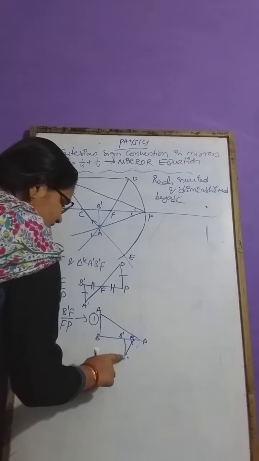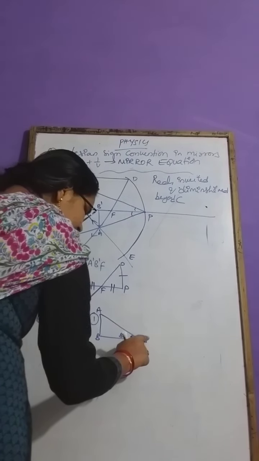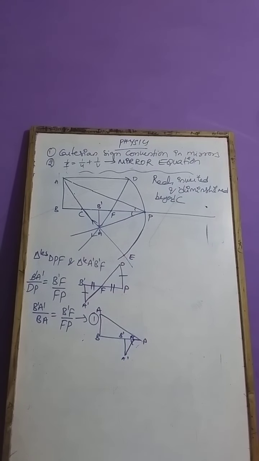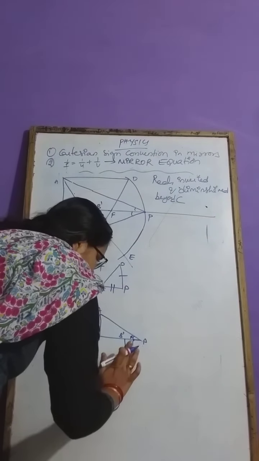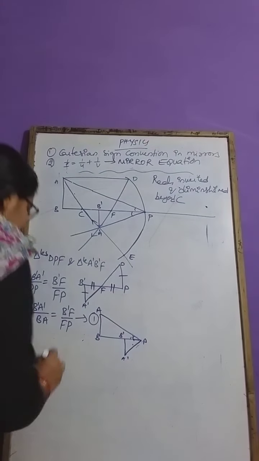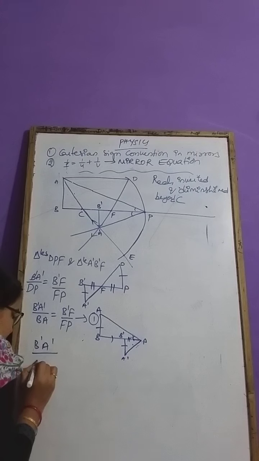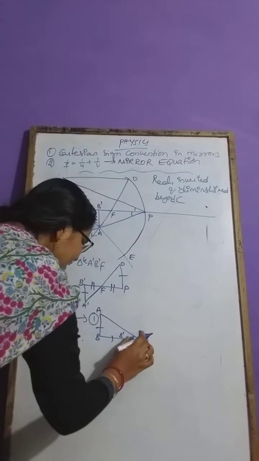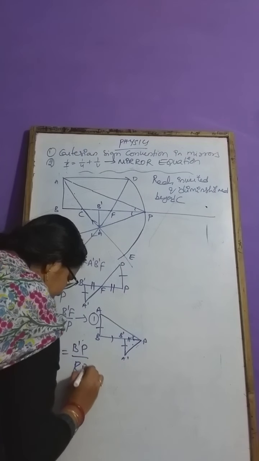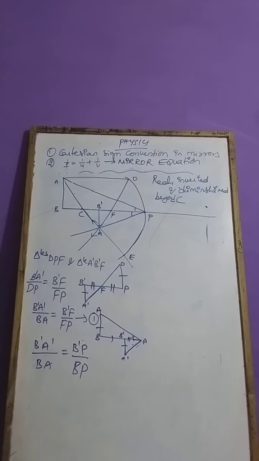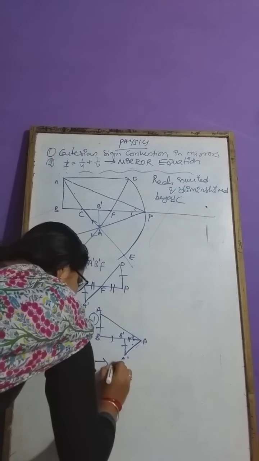So for these two triangles, the ratio will be equal: B dash A dash by BA will be equal to B dash P by BP. So this is equation number 2.